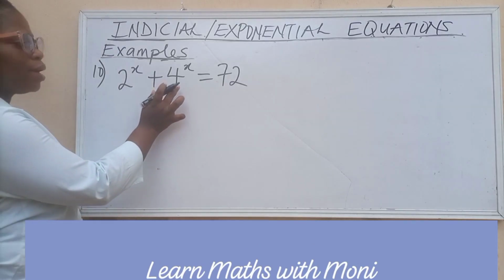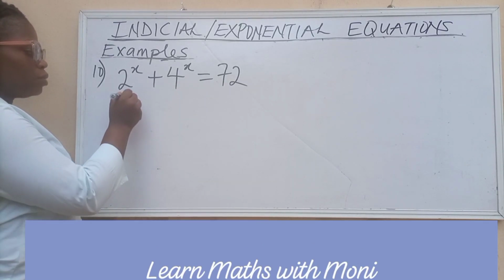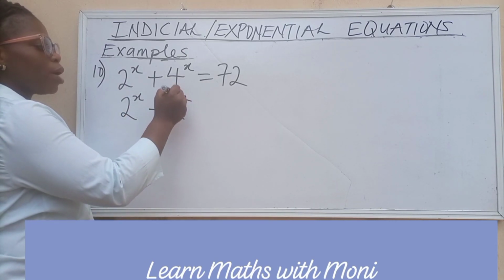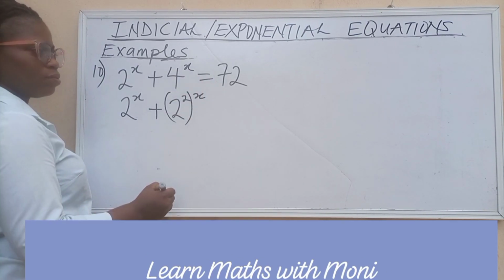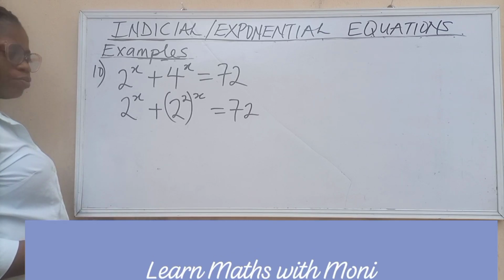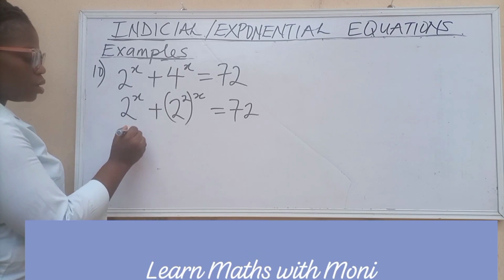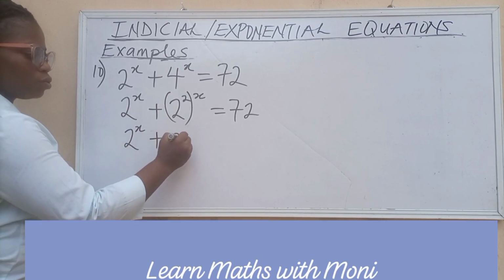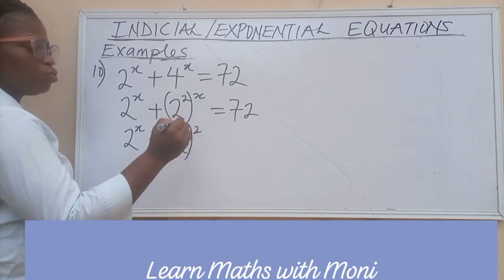We will make 4 a power of 2. So I will write 2 raised to power x plus 2 raised to power 2, that is my 4 raised to power x. This is 2 raised to power x plus 2 raised to power x raised to power 2.